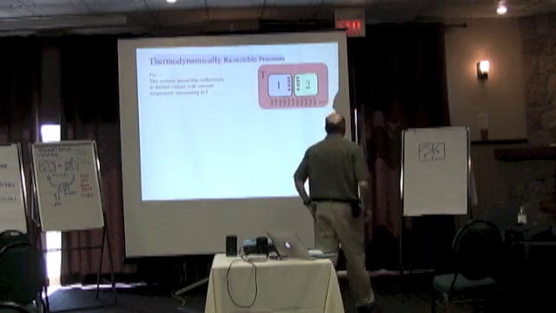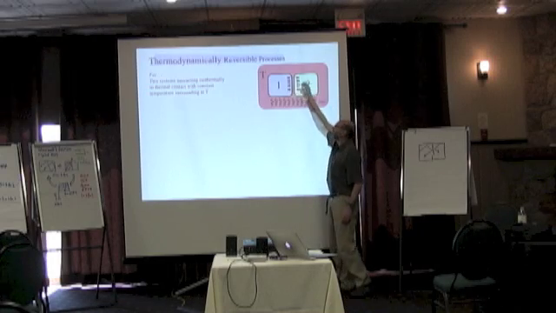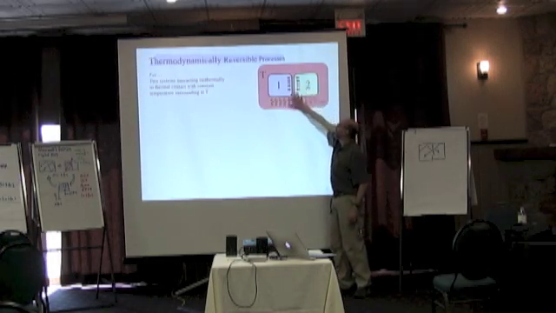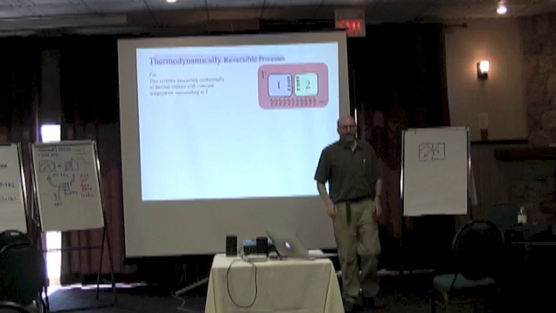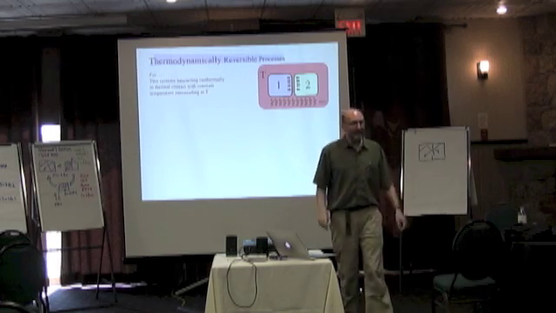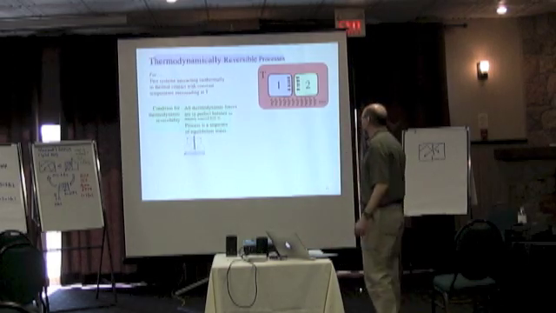There will be some change in the state of system 1 and system 2, and the only interchange between those systems and the environment will be exchanges of heat. And that process, whatever it might be, is going to be one that is thermodynamically reversible.